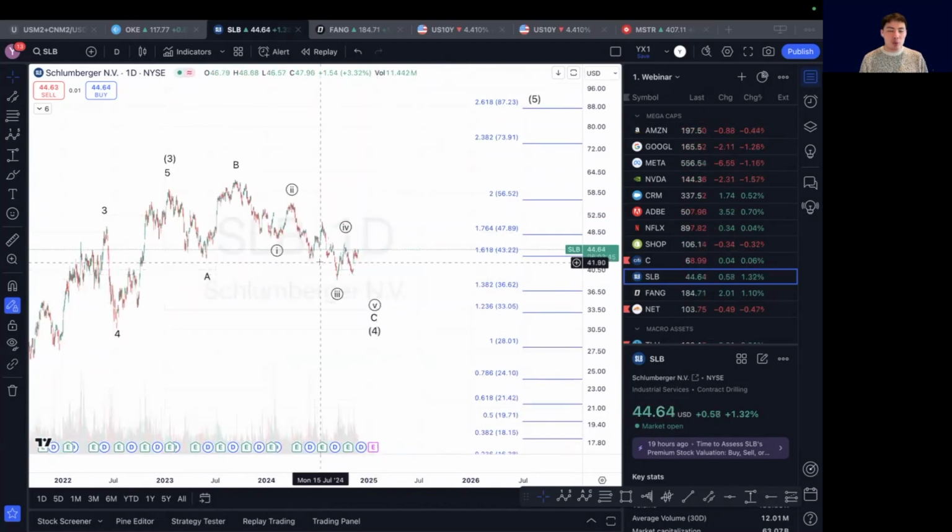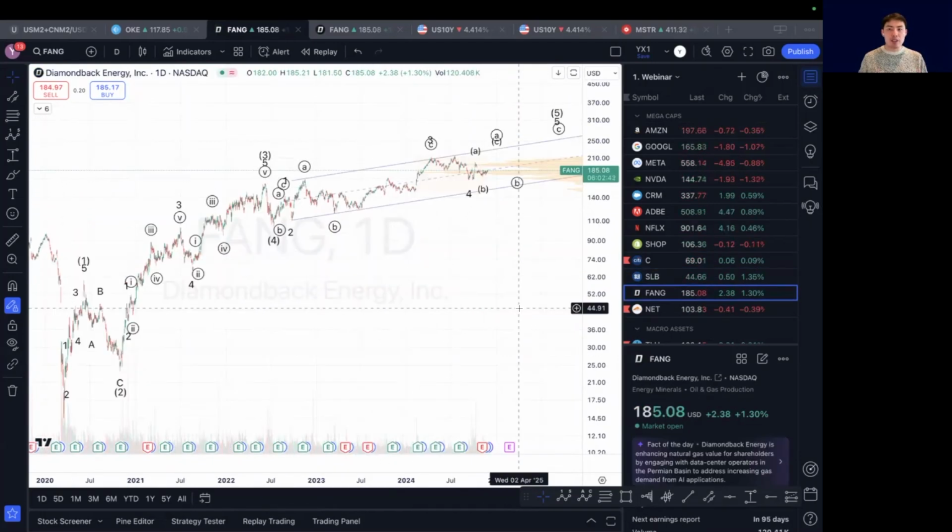In the near term, I do think we haven't quite finished this wave C. I see 1, 2, 3, 4. And we're just waiting for this 5th leg to complete before we set up a trade to aim for the wave 5 high. Next up, FANG, down and back energy.